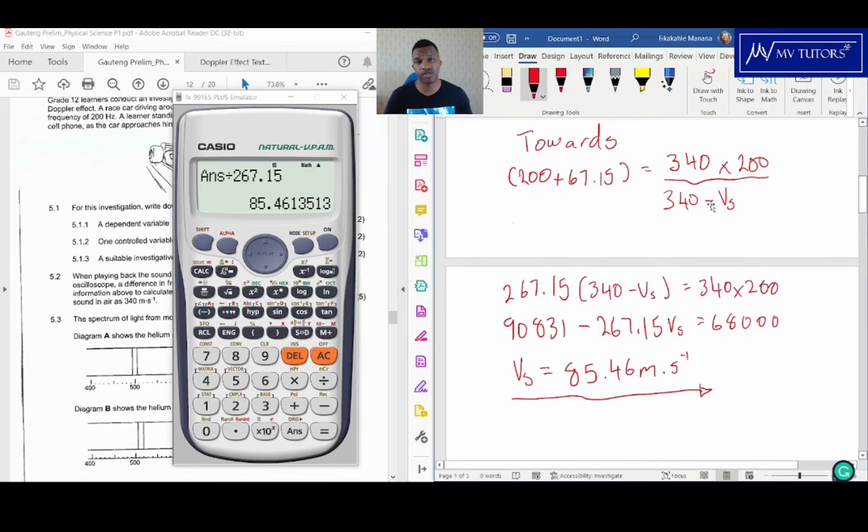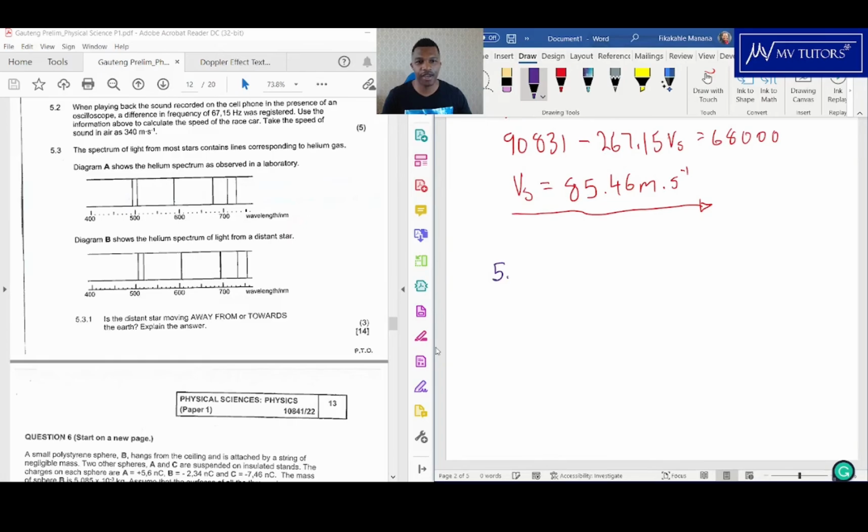So you plug those in, and then you will not get the same answer, but your answer will be correct as well. You'll still get full marks for that. And there's a third option, but let's just leave it at this for simplicity's sake. Still get full marks. Okay, let's do 5.3 now.